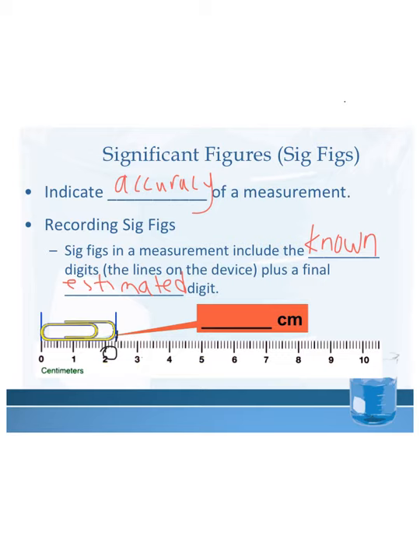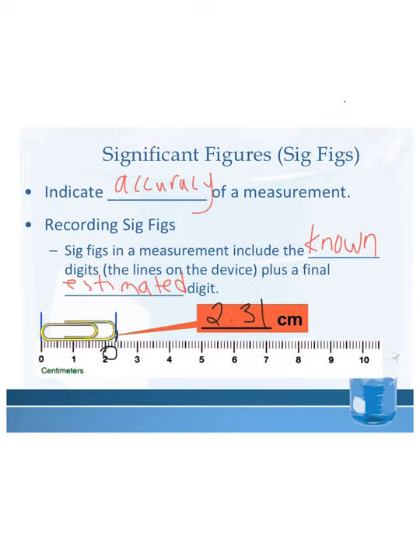And it's very close to that line, but it looks just the tiniest little bit over. So the way I'm going to do this is I'm going to write 2.31 centimeters. So when I was talking about the significant figures, I would include my 2, my 3, and then my estimated digit, which is my 1. So if I asked you how many significant figures are in this number, you would say all 3.